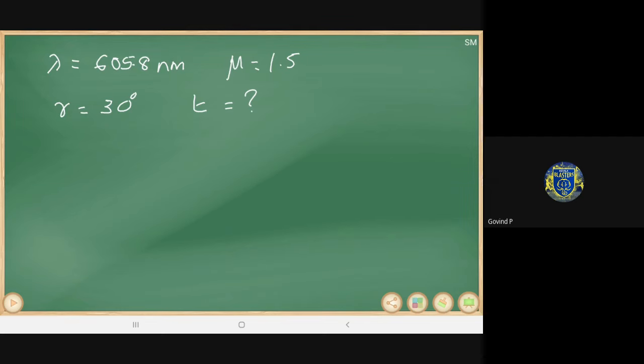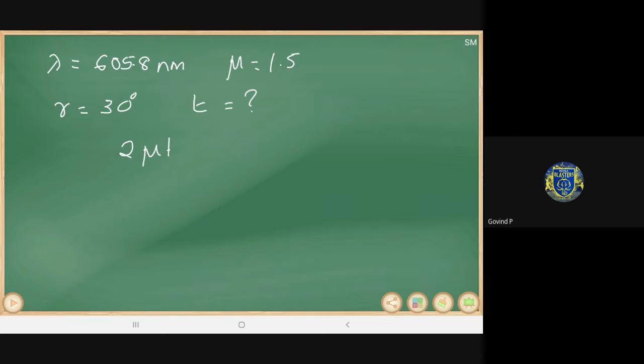So, what is the condition of darkness? Sir, can you read the question once more? Okay, I will read again. A parallel beam of orange light of 6058 angstrom or 605.8 nanometer is incident on a glass plate of refractive index 1.5 such that the angle of refraction in the plate is 30 degree.